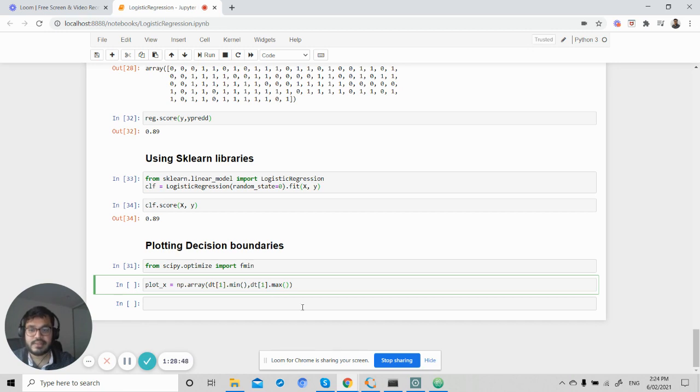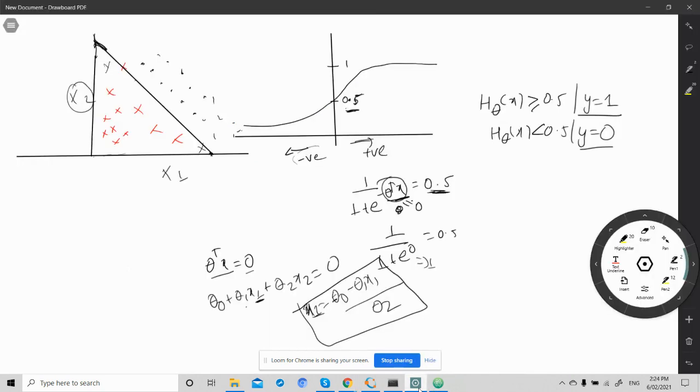We do this so that we can get the minimum and maximum values for x. So my x minimum would be somewhere here and my maximum will be here, so that I can get these points, and then if I implement this equation by plotting my value of x1, we can get a decision boundary line. So let's implement that.